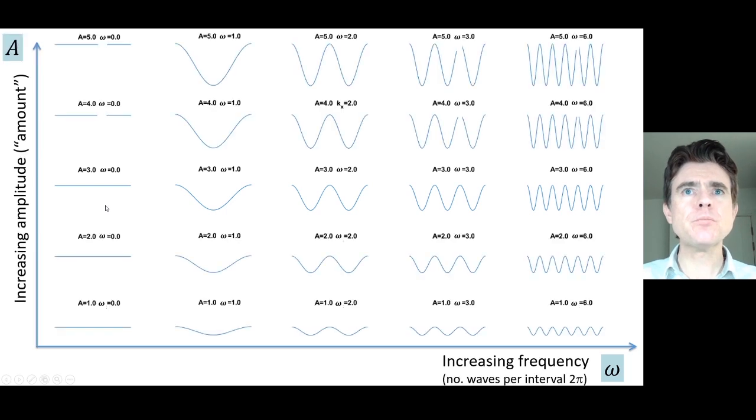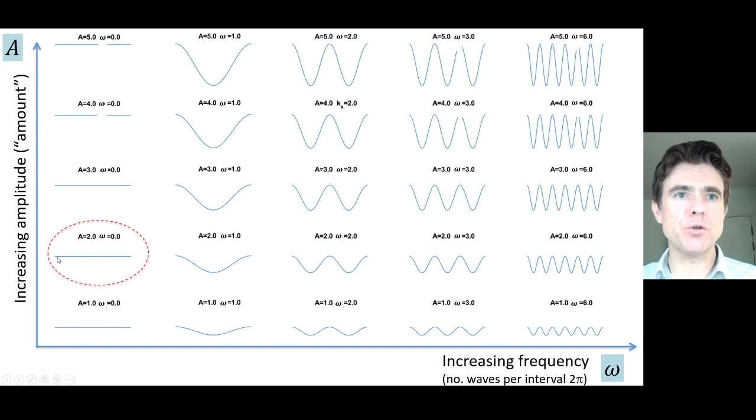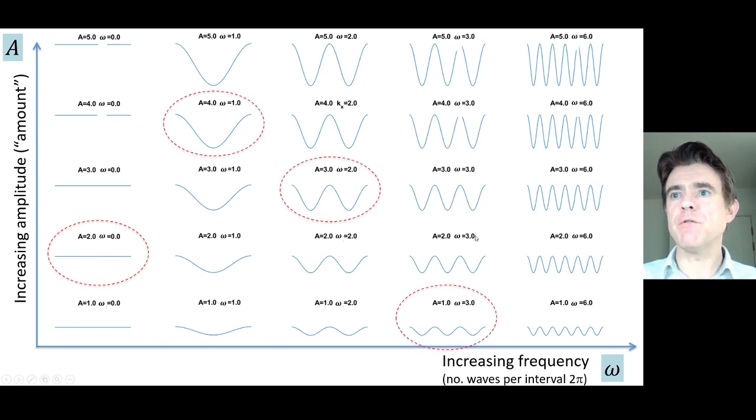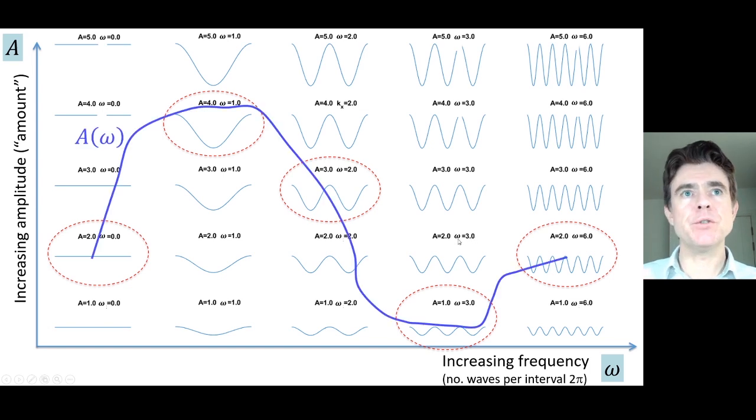Then of course I could combine both concepts of varying the amplitude, varying the amount, as well as varying the frequency. So, for example, I could take 2 lots of the 0 frequency, 4 lots of the first frequency, and varying amounts of the other frequencies, and that would give me an amount A of frequency omega, which traces out in general some function.